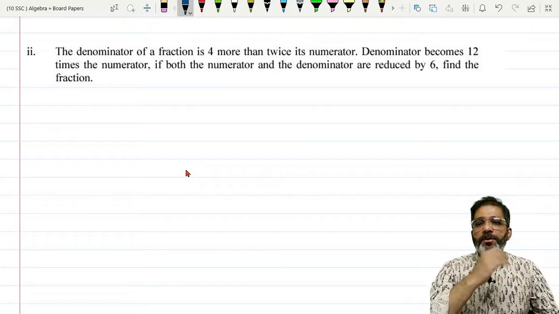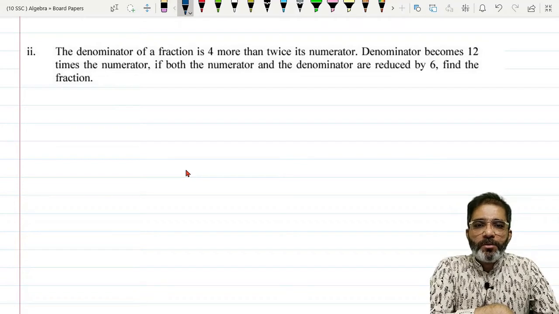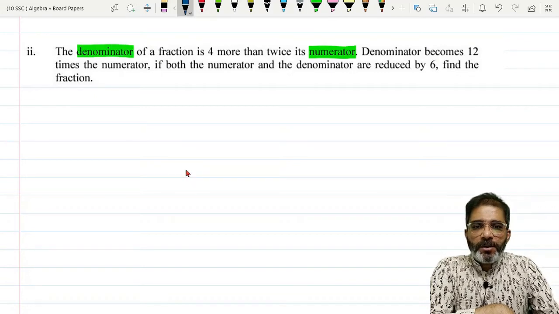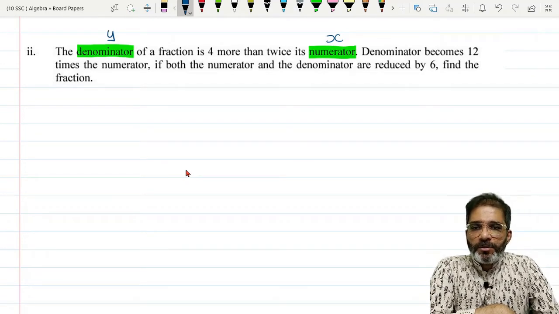Okay, now here what they have given is the denominator of a fraction is 4 more than twice the numerator. So we are taking the numerator and denominator as x and y. So I will take the numerator as x and denominator as y. So the first equation we get from the first statement itself, students.